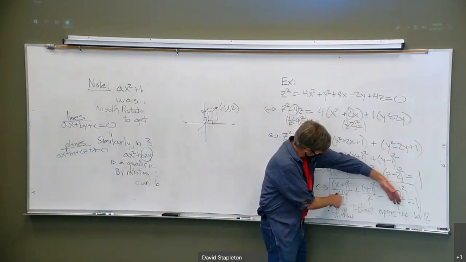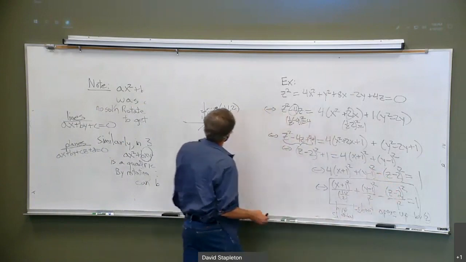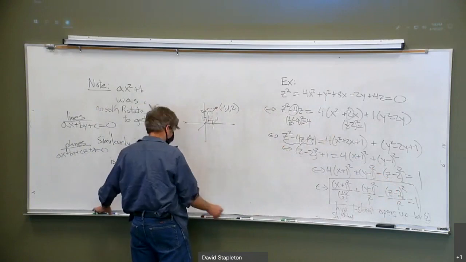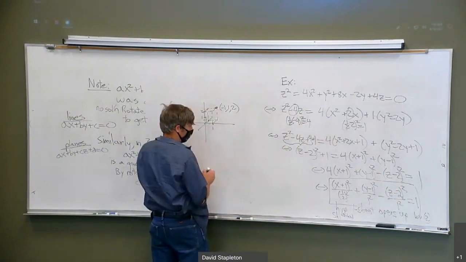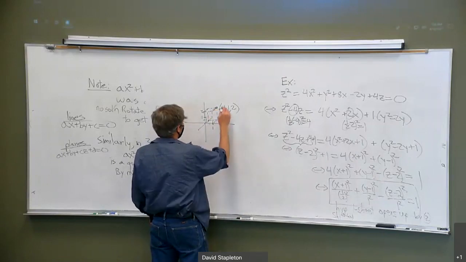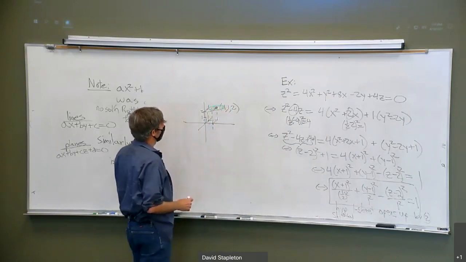The semi axes are 1/2 and 1 for the ellipse. So from here, I'm going to go out 1/2 in the x direction to here, but 1 in the y direction to be over here and over here, and draw this kind of an ellipse as the equator.